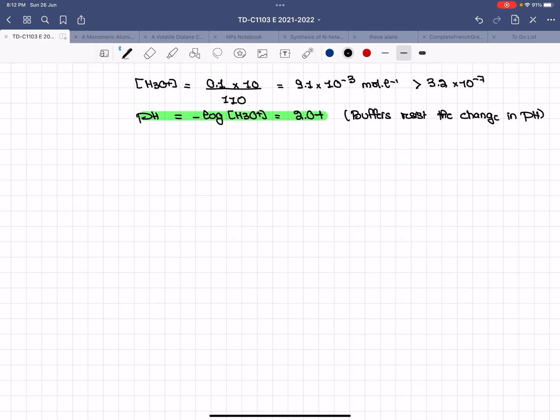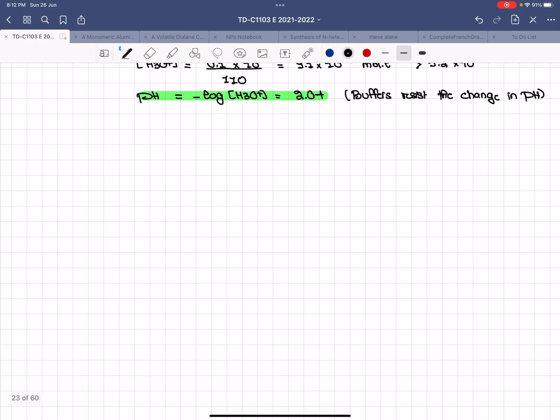In number 42, part B1. We have 100 milliliters of S plus 100 milliliters of HCl.